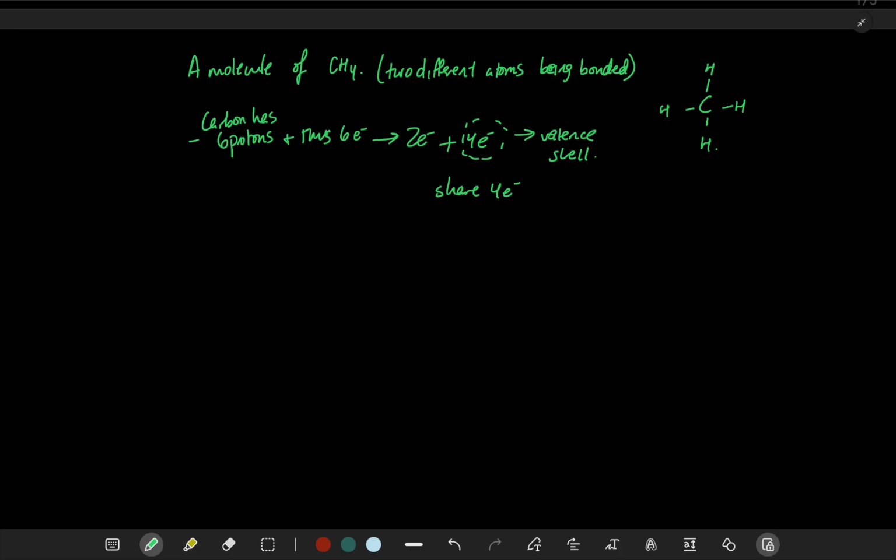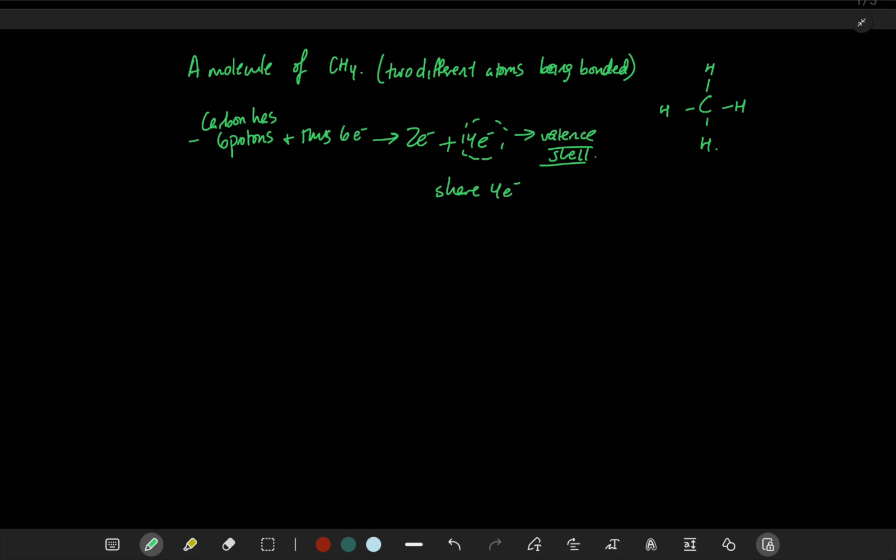So again, carbon has 6 protons, and because of that has 6 electrons, 2 electrons in the first shell that we talked about, and the 4 in the valence shell right here, which means that it needs 4 more electrons to satisfy the octet rule and attain stability.